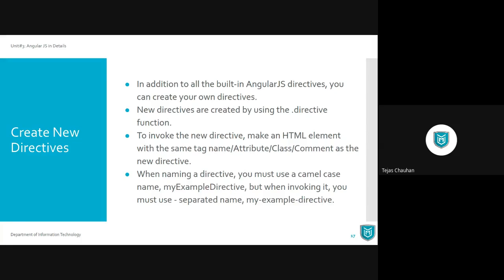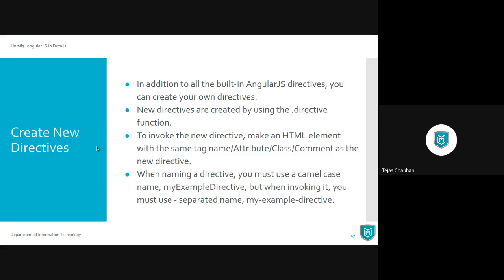And then we looked at a number of different directives like ng-init, ng-model, ng-repeat, and so on. And at the end of the previous session, we were discussing creating our own directive.